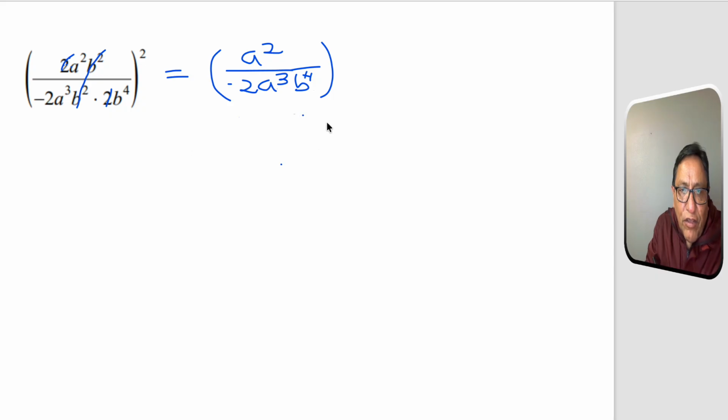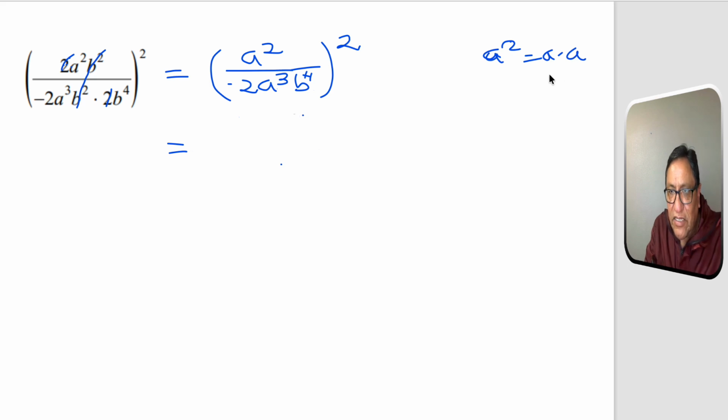See, so now all this is squared, right? Still I want to take care of something inside. I'm going to take care of this a squared over a cubed. So a squared means a times a, and a cubed in the denominator means a times a times a.